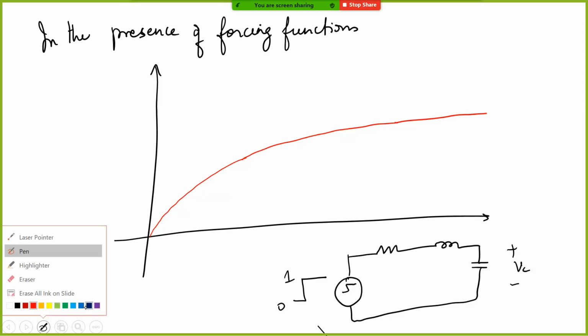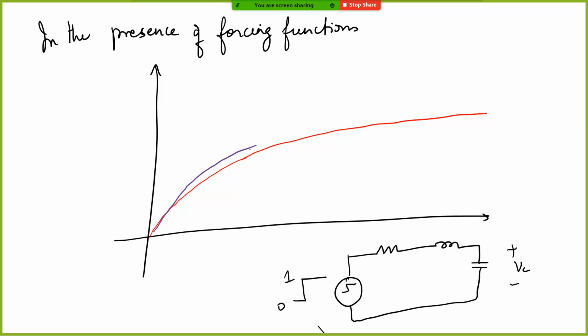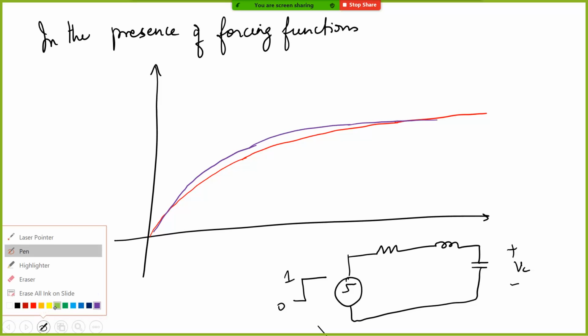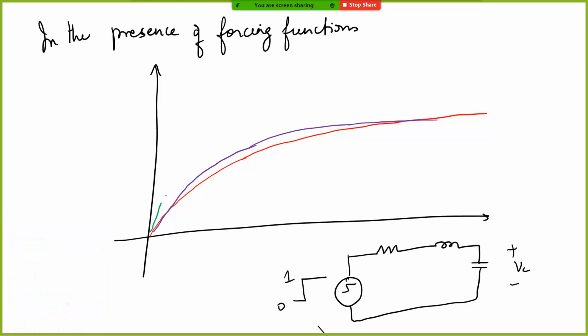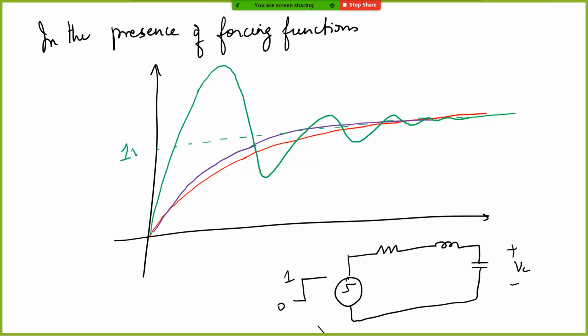If it is a critically damped system, it will be a little faster and settle. If it's an underdamped system, it will go like this, depending on the alpha value. Probably this section is looking pretty bad, but all of them will finally settle down to 1 volt here.